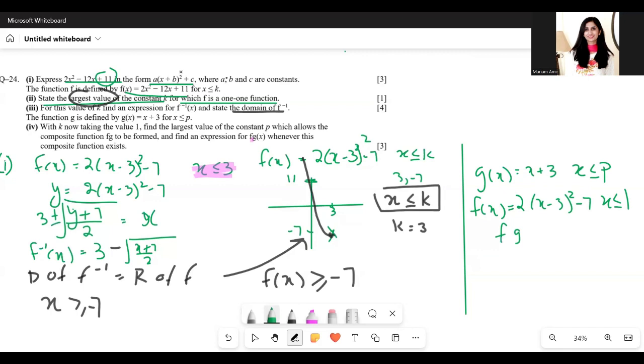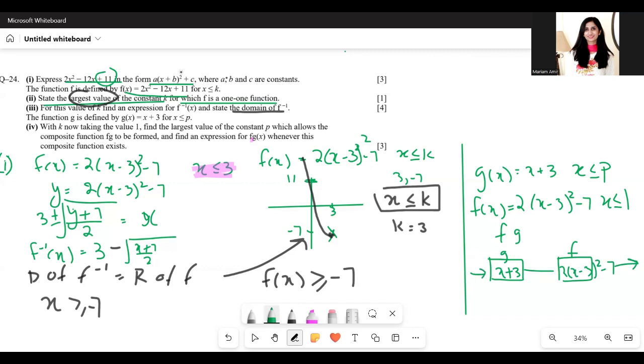Okay, so now they're talking about when the composition fg is possible or not. We have studied that the domain of g, and g is x + 3, should lie within the range of f. Basically, g is being fed to f.